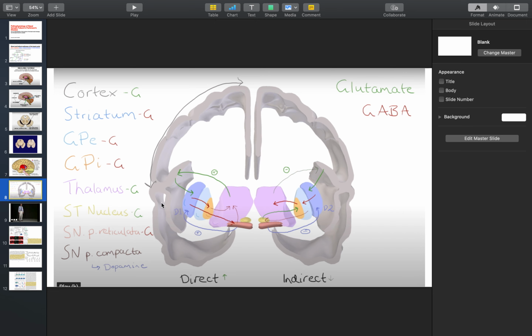And what's going to happen is it's going to send it to the caudate, which then, because it's excitatory, is going to go through the globus pallidus internal, and also it's going to go straight to the substantia nigra, which sends dopamine to the thalamus, which stimulates the inhibitory nuclei.